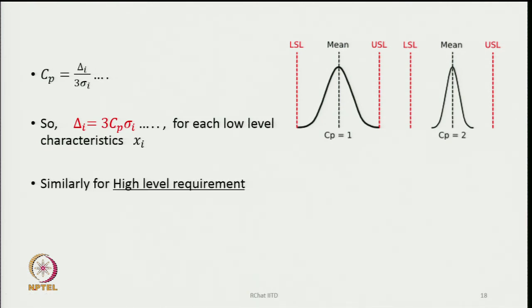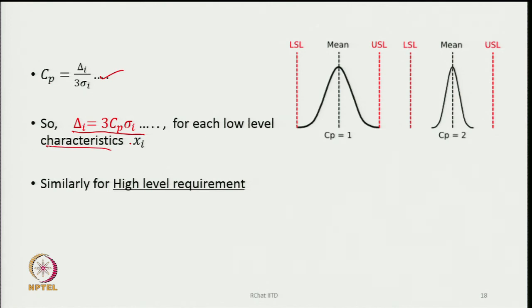If Cp is delta I by 3 sigma I, therefore, delta I is going to be 3 Cp into sigma I for each low level characteristic Xi.